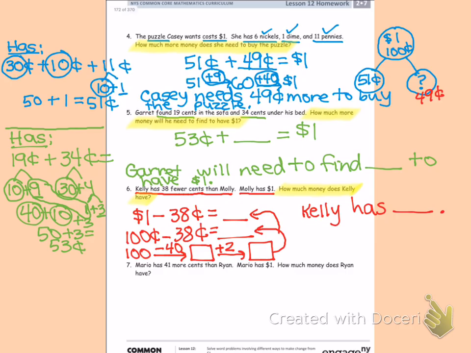If you want to solve this problem, you have to remember to underline the important details. Mario has 41 more cents than Ryan. Mario has $1. How much money does Ryan have?